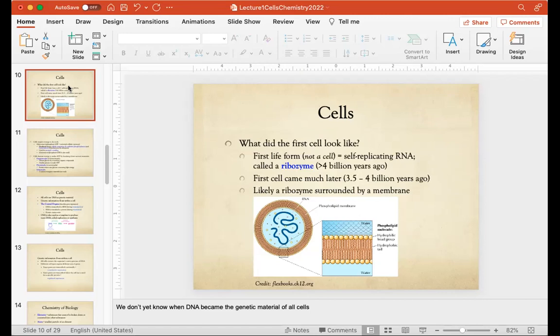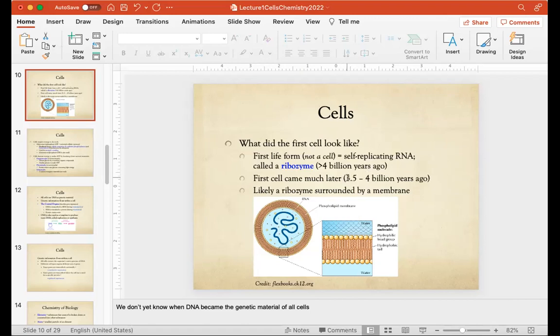We know that there are ribozymes that are functional in living cells. So the idea is that perhaps a ribozyme emerged or evolved, and then later on it became surrounded by a membrane. And that would have made it a very primitive form of a cell.